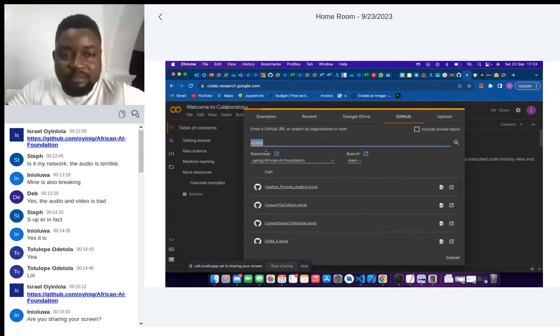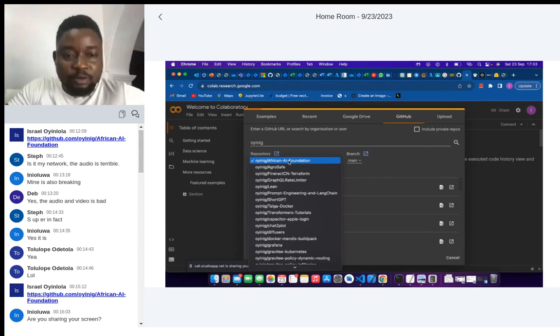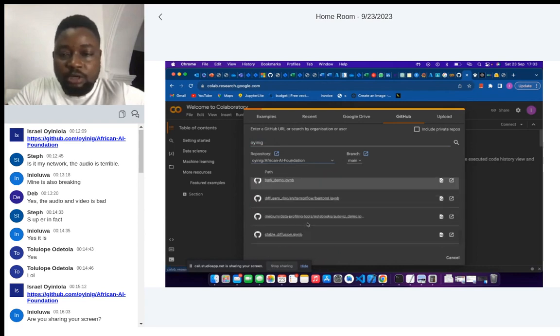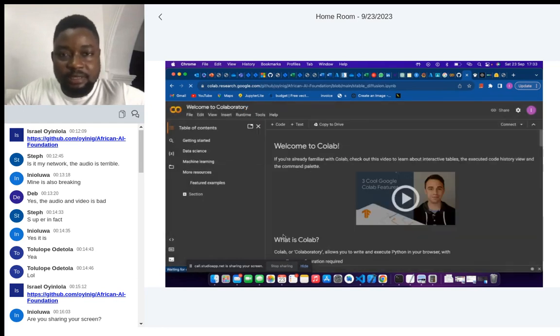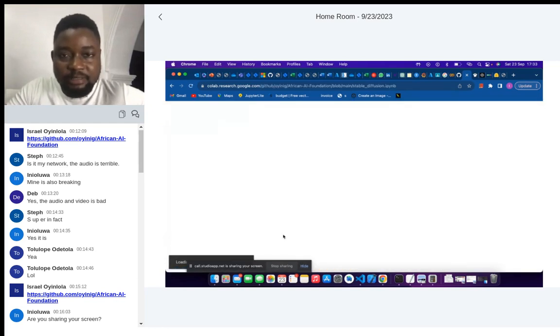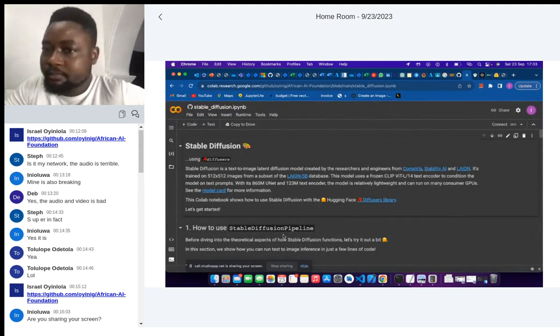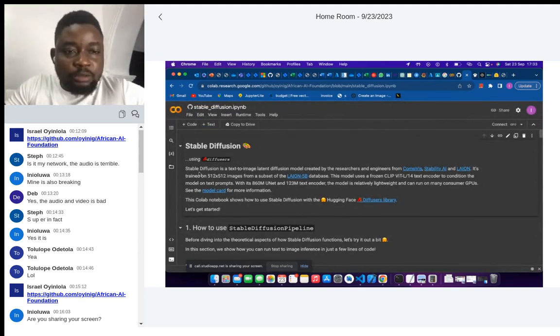That's my GitHub. Then you will find other repositories, and you see this African AI Foundation repository. Just click it and you'll be able to load all the notebooks we have in there. Now open this stable diffusion notebook and it's going to open up right there. So that's how to open a notebook from GitHub.